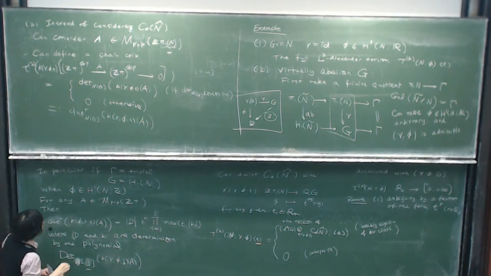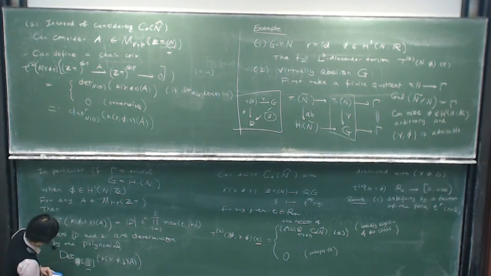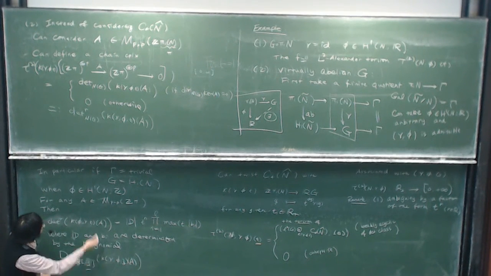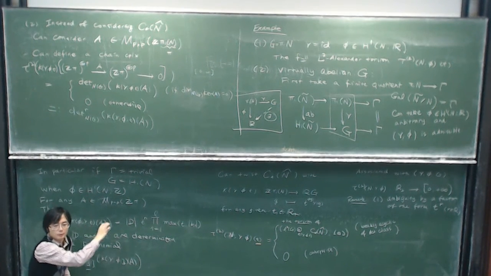If you do not specify this phi and you take the determinant, that will give you a determinant that has several complex variables z1 to zb, where b is basically the rank, the Betti number of the first cohomology.